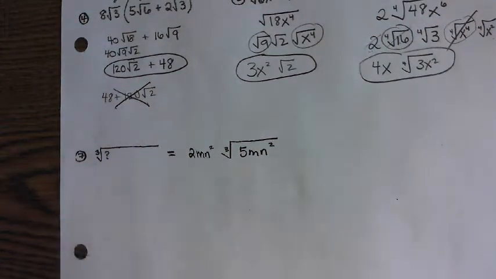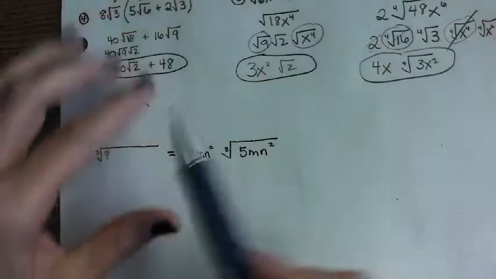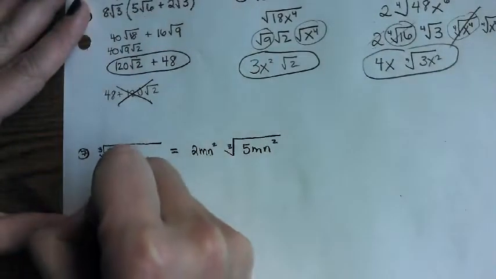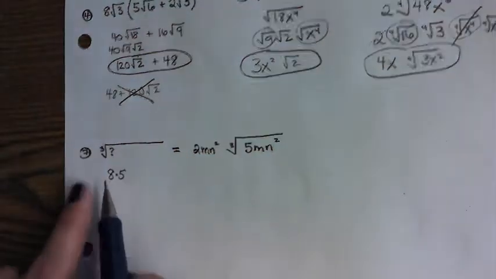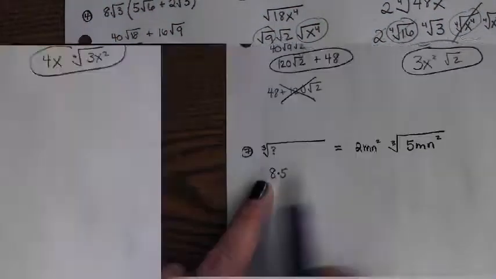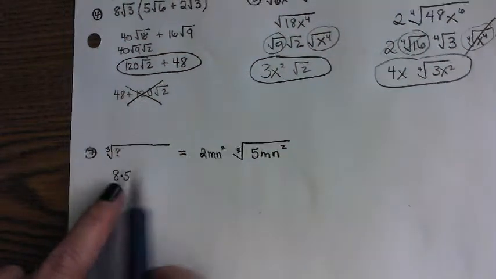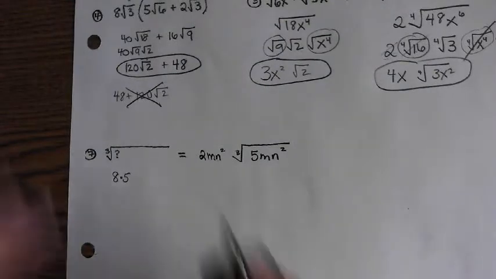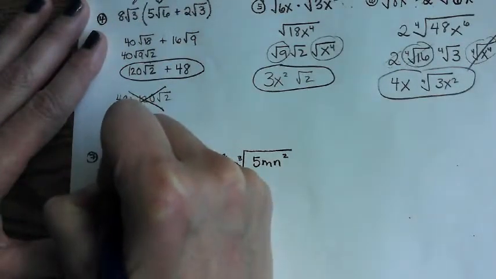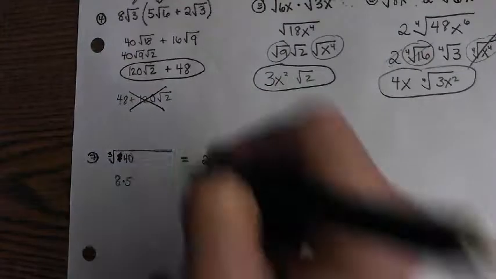The cubed root of what would have pulled a 2 out in front for me? Lucas? 8. Very good. So this probably was 8 times 5. The cubed root of 8, which became the 2, and the 5 that's still there. So that would be a 40.